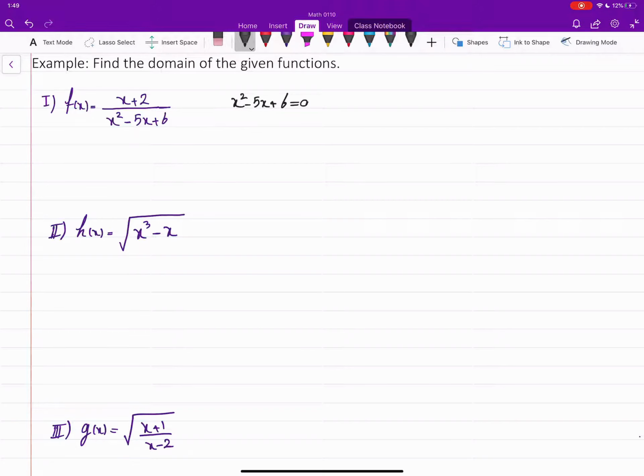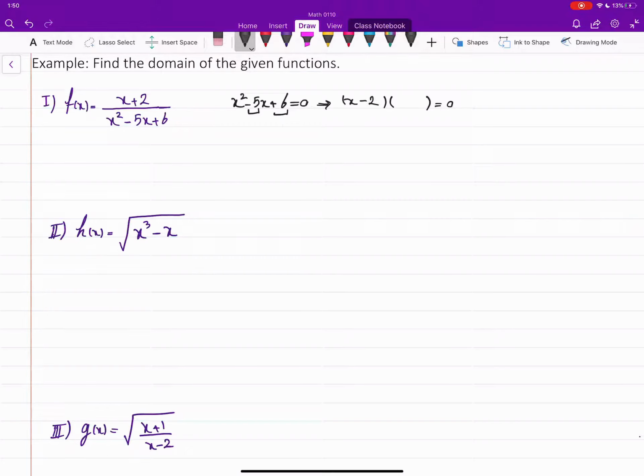Okay, so this is a quadratic equation. You can use the quadratic formula, or the decomposition you can use here is: the sum of two numbers is -5, the product is +6.